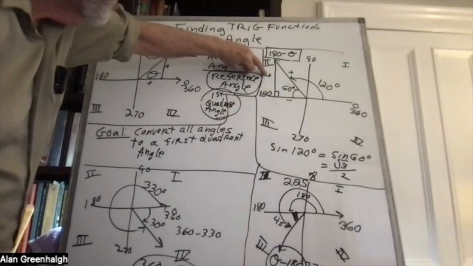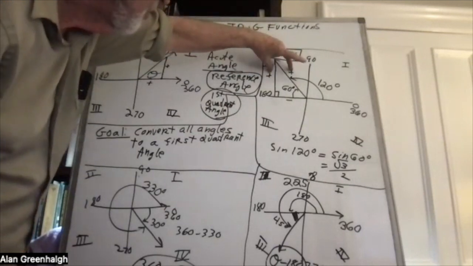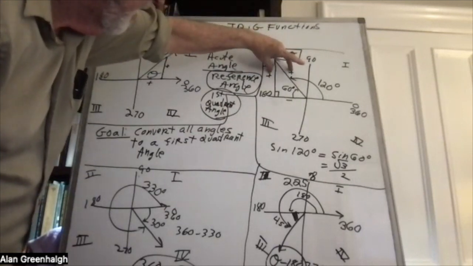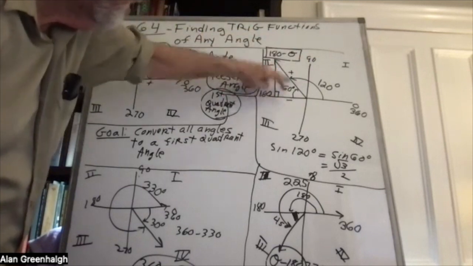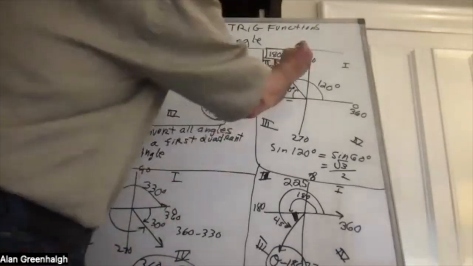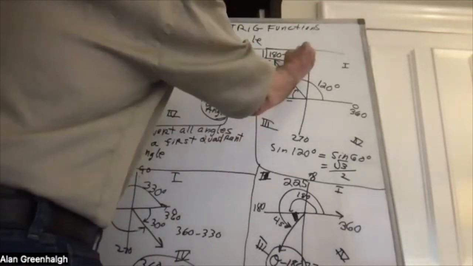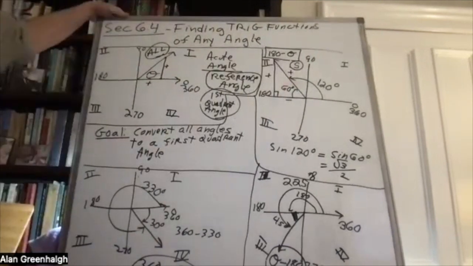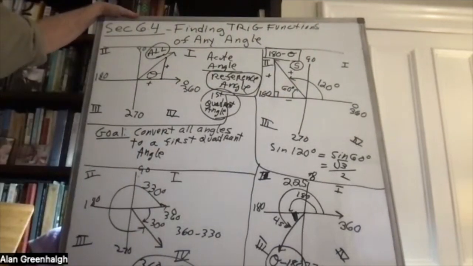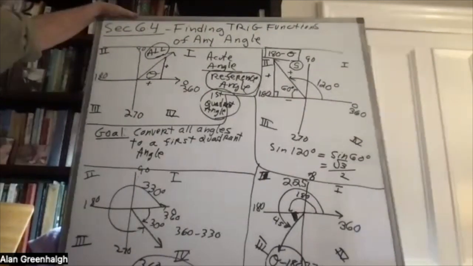So the sine is opposite over hypotenuse. That's going to be positive. Cosine is adjacent over hypotenuse. That's negative over positive. So the only thing that's positive in the second quadrant is sine. And of course, cosecant. So it's also the reciprocal functions.